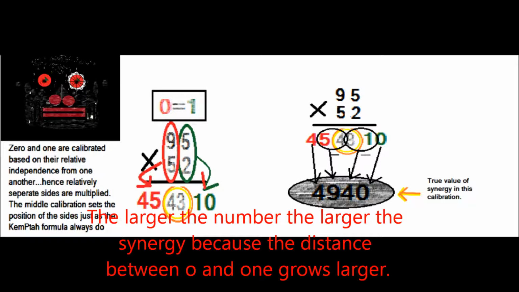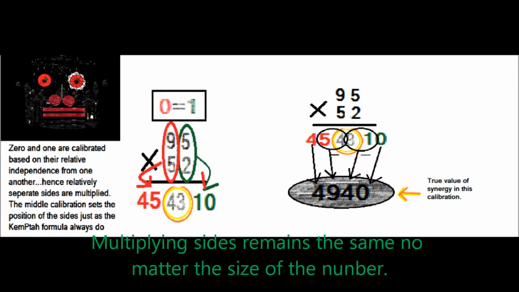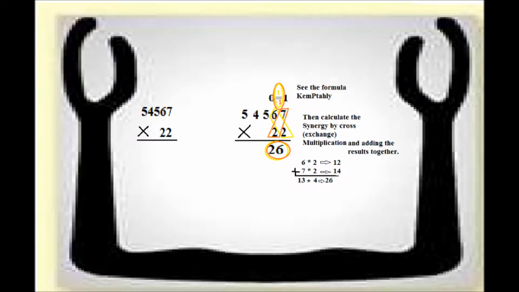After that, we count how many times we must never add them horizontally. If you're dealing with 2 digits, then we count it twice, since we multiply 2 digits with another 2 digits.